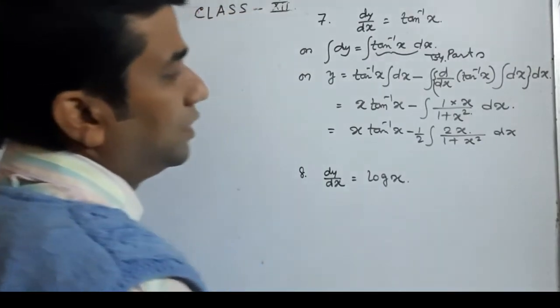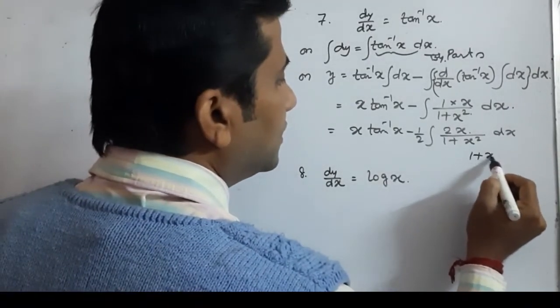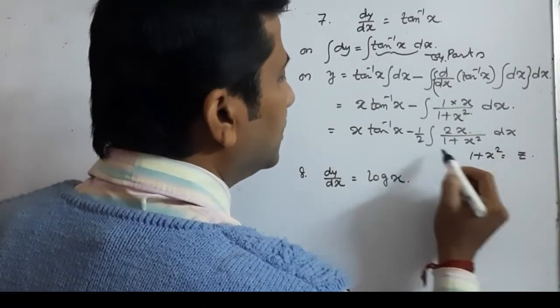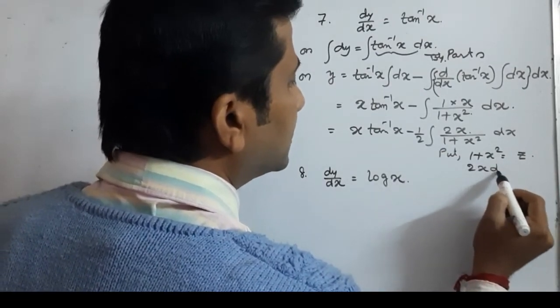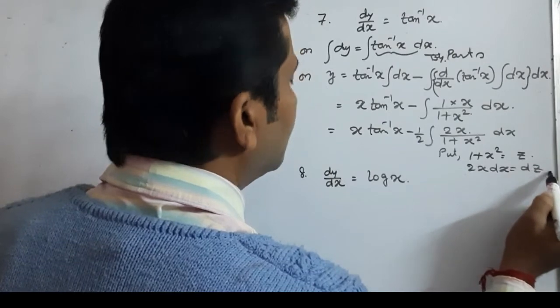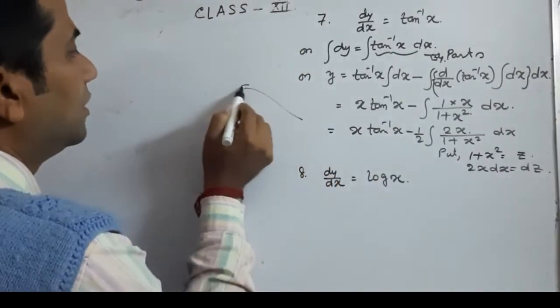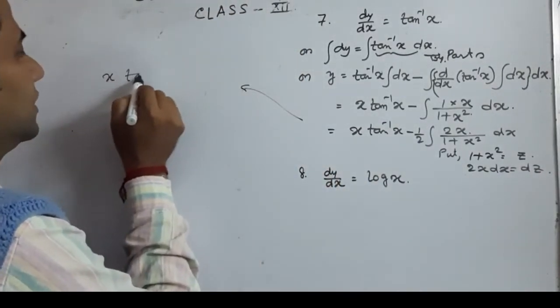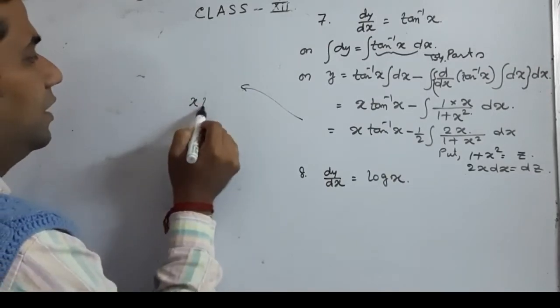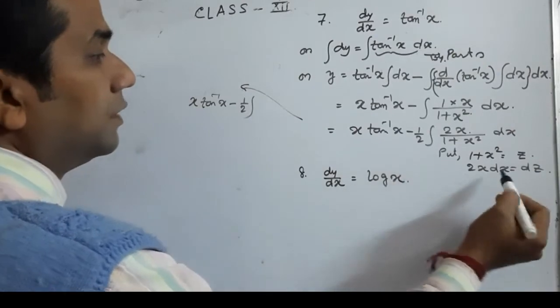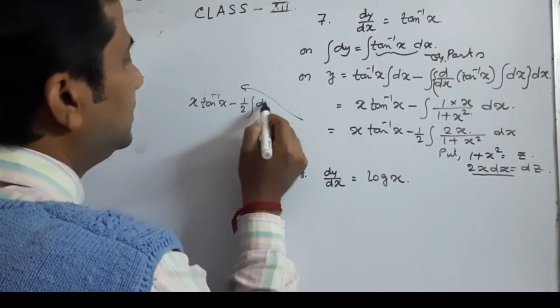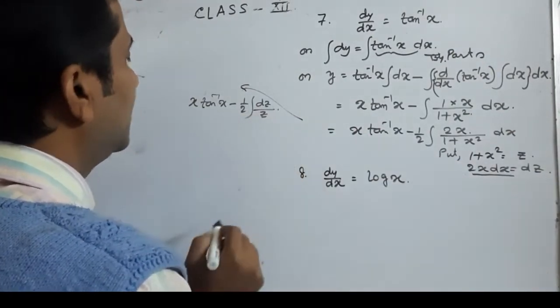You know that substituting 1 + x² = z, then 2x dx = dz, from where you get x tan⁻¹x minus 1/2 ∫dz/z.